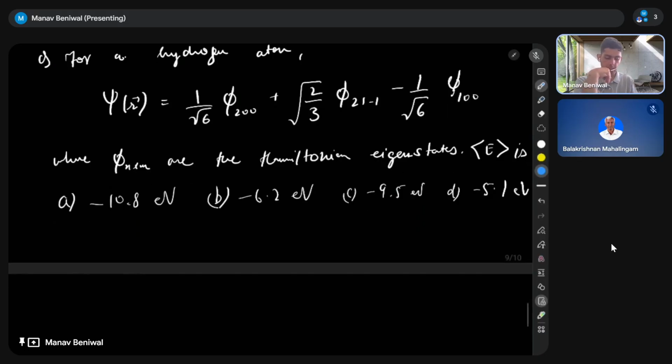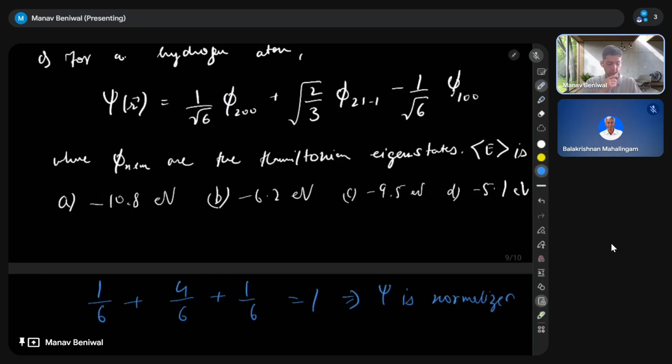So how to check that? We take the square of the prefactors and add them. So 1 by 6, plus 2 by 3, plus 1 by 6. So this thing we can write as 6 by 6, and clearly we can see that this sum is coming to be 1, which implies that psi is normalized. So now we don't have to worry about the normalization factor. Wave function is already in the normalized form.